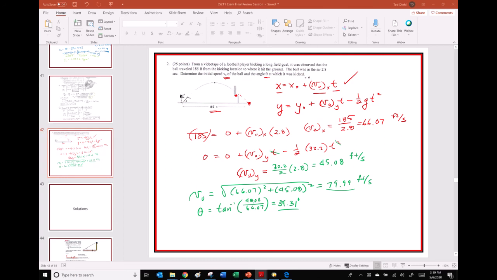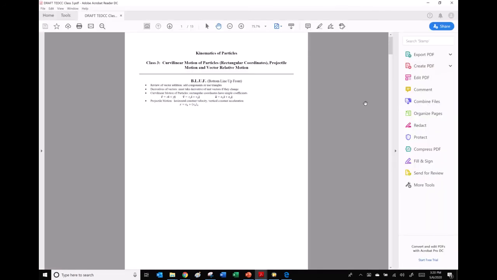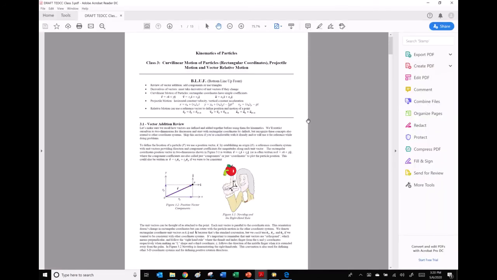No, of course not. Class 3, and kinematics of particles. Dragging, not letting me. There you go. See?